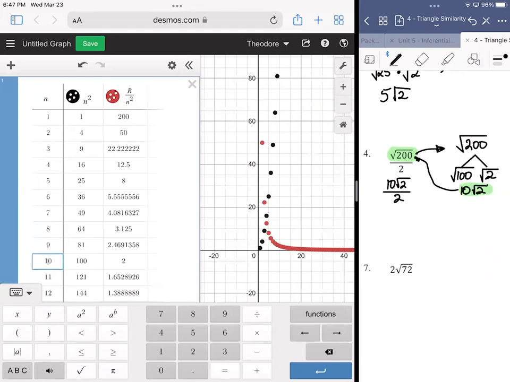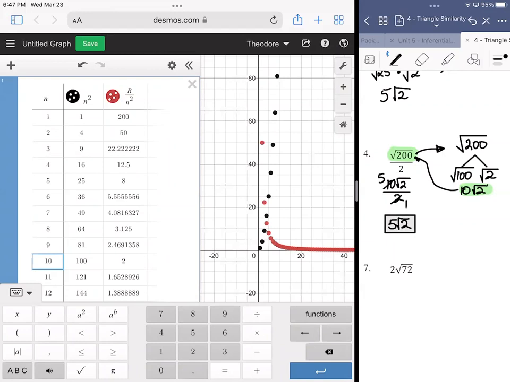They're both divisible by 2, so I could divide both by 2, and the result would be 5 over 1. So 5 radical 2 over 1, but when you write something over 1, that's irrelevant. 5 over 1 is the same as saying 5. So 5 radical 2 over 1 is the same as 5 radical 2.